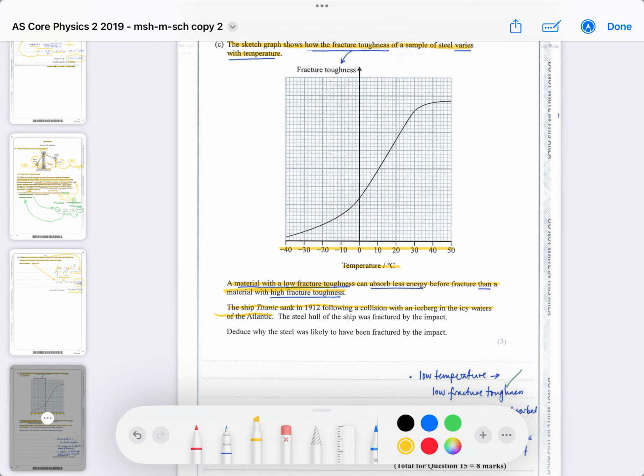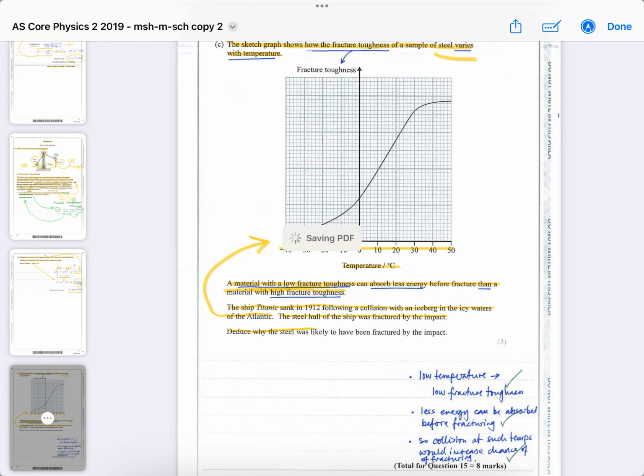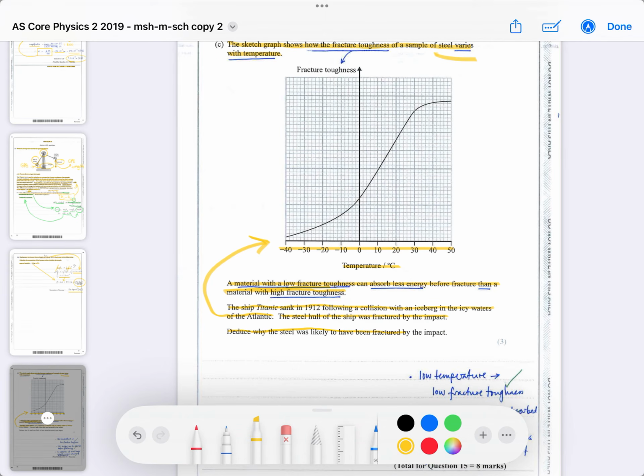They're talking about the low temperature end, and remember we're talking about steel in this question, and the Titanic was largely made of steel. The steel hull of the ship was fractured by the impact. Deduce why the steel was likely to have been fractured by the impact.